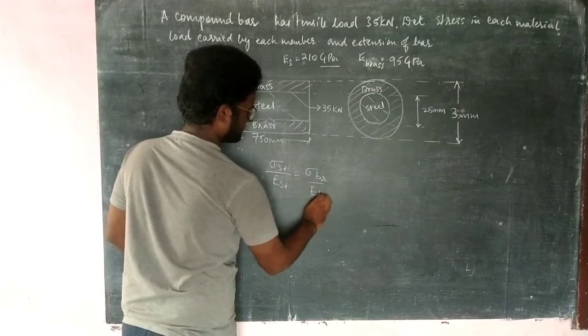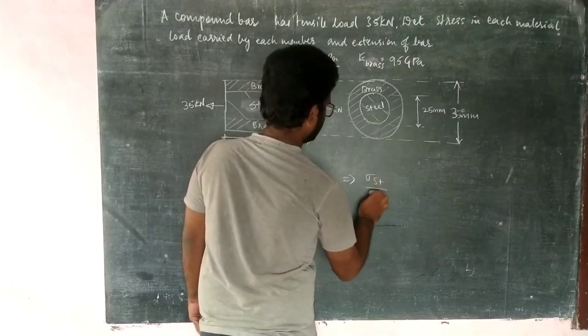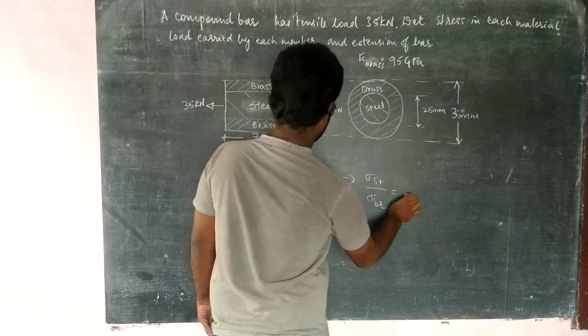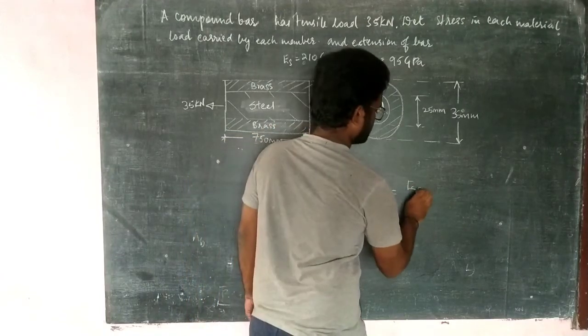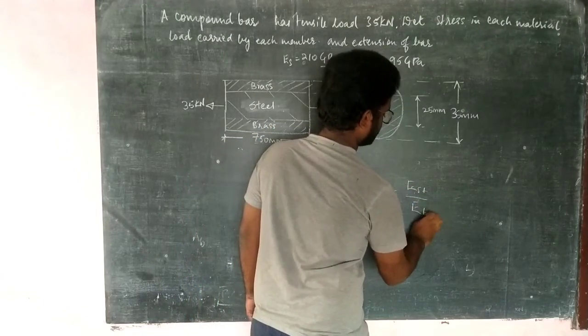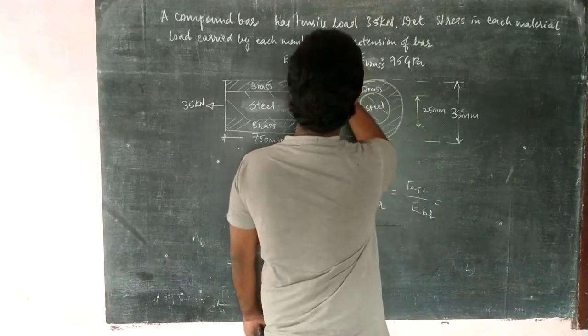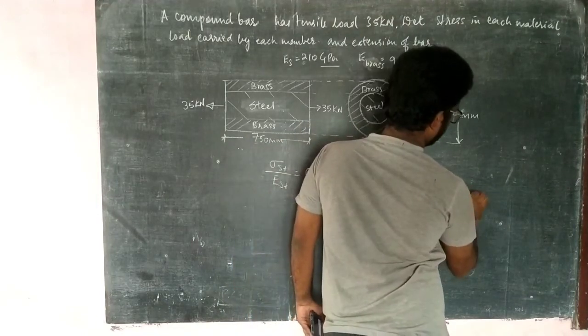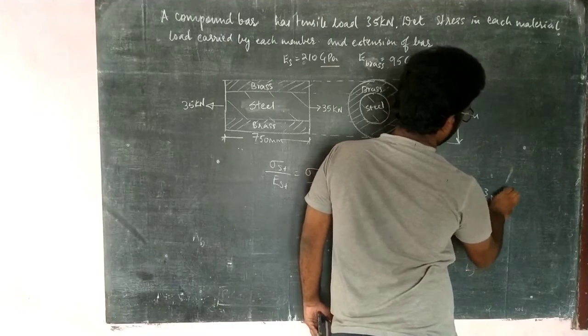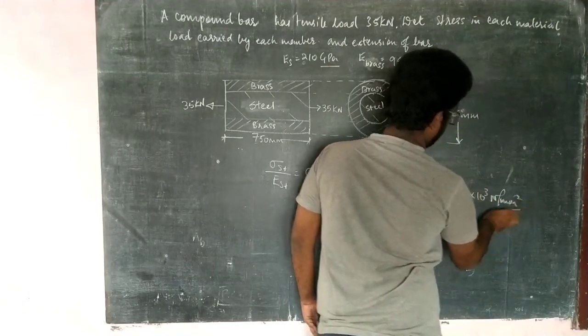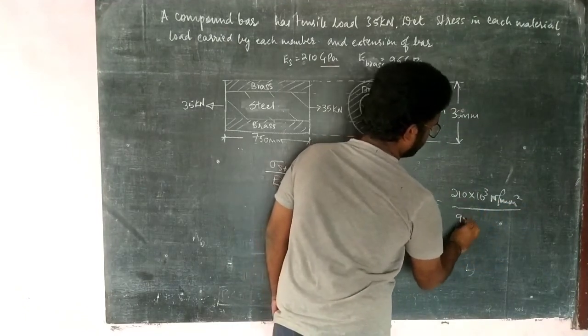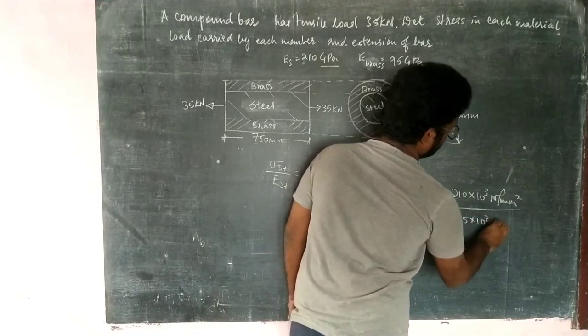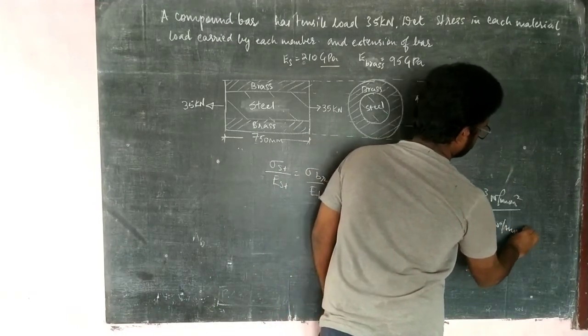The ratio is the same, so sigma steel by E steel is equal to sigma brass by E brass. Sigma steel divided by sigma brass is equal to E steel divided by E brass, which means 210 into 10 raised to 3 Newton per mm square divided by 95 into 10 raised to 3 Newton per mm square.